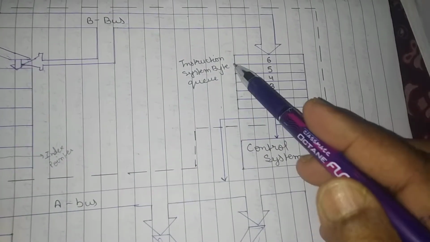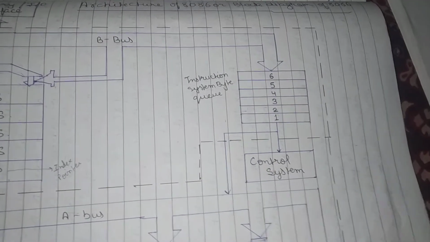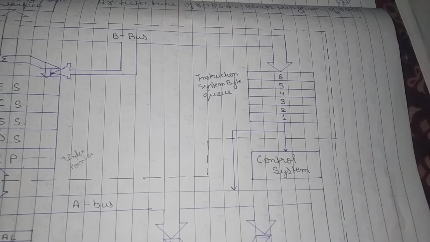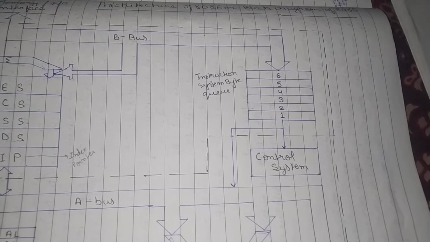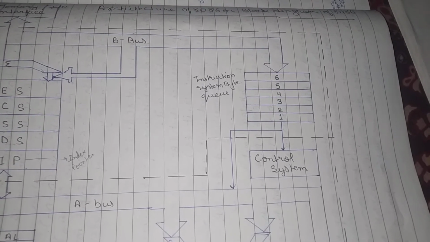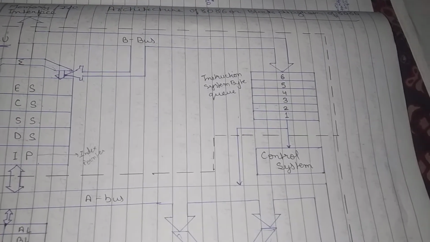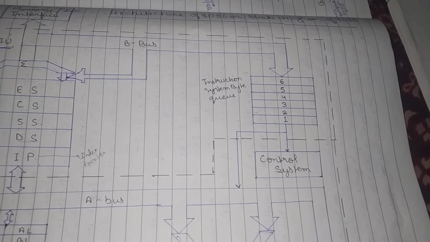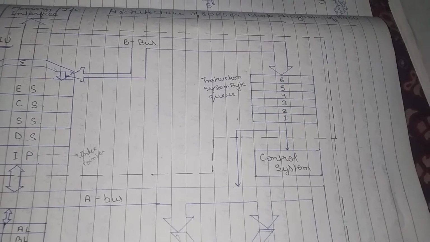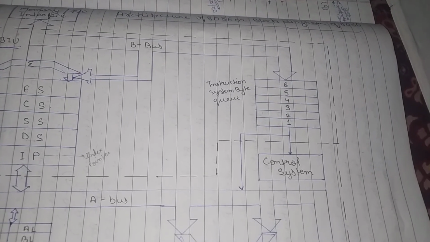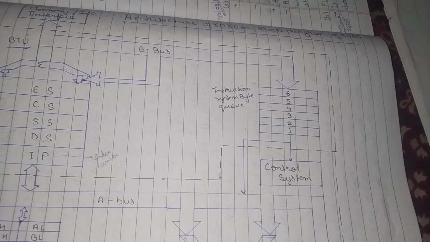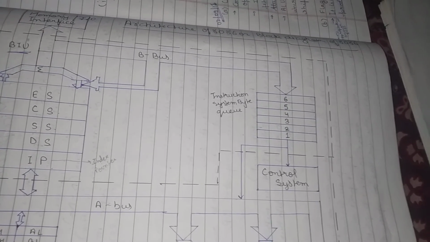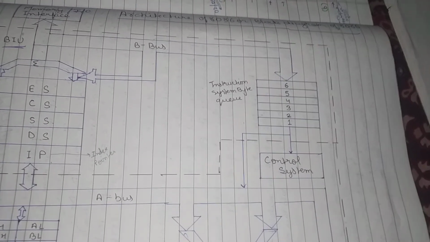The next block of the bus interface unit is the instruction queue. What is the instruction queue? You can say that it is a waiting area where you can save pre-fetched opcodes. As we know, in 8085 there is an opcode fetch process where, to execute an instruction, first we have to fetch the opcode of the instruction from memory, then decode it, and after that execution can take place.